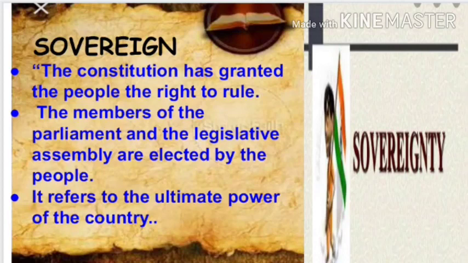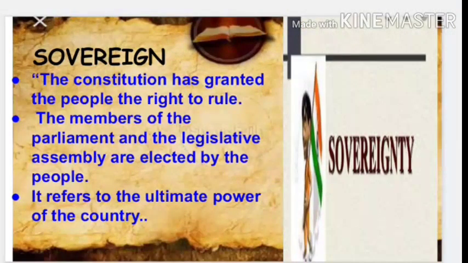Federal means they can divide the powers into local government, national government and central government. Confederal means distributed equally to all the states. Therefore, sovereign is very important for this constitution. However, all states have rules.